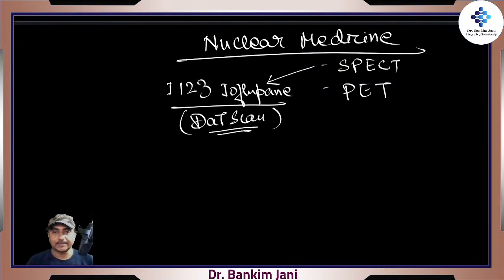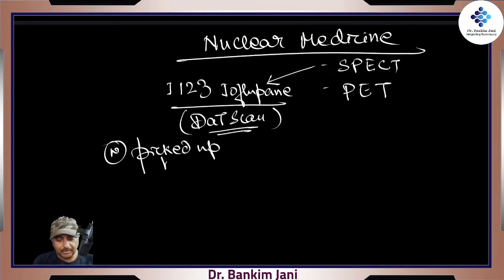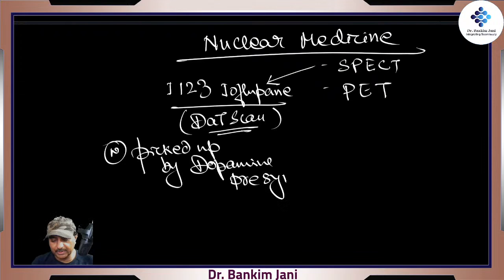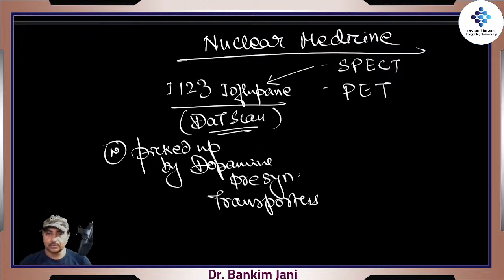So in this, we know that dopamine is presynaptic, right? When it is injected, it is normally picked up by dopamine presynaptic transporters. So when it is like this, you will be able to see that.